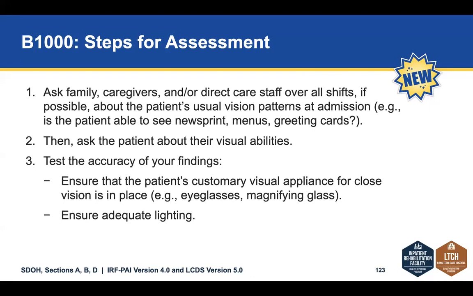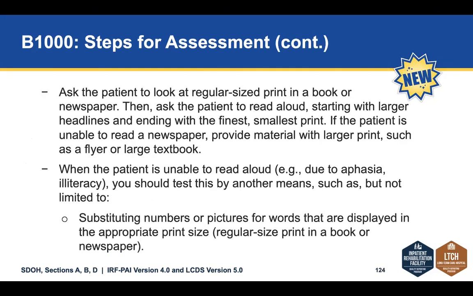Test the accuracy of these findings by ensuring that the patient's customary visual appliance for close vision is available and used, like eyeglasses or a magnifying glass. Ensure adequate lighting. Ask the patient to look at and read regular sized print in a book or newspaper, starting with the headlines and ending with the smallest print.